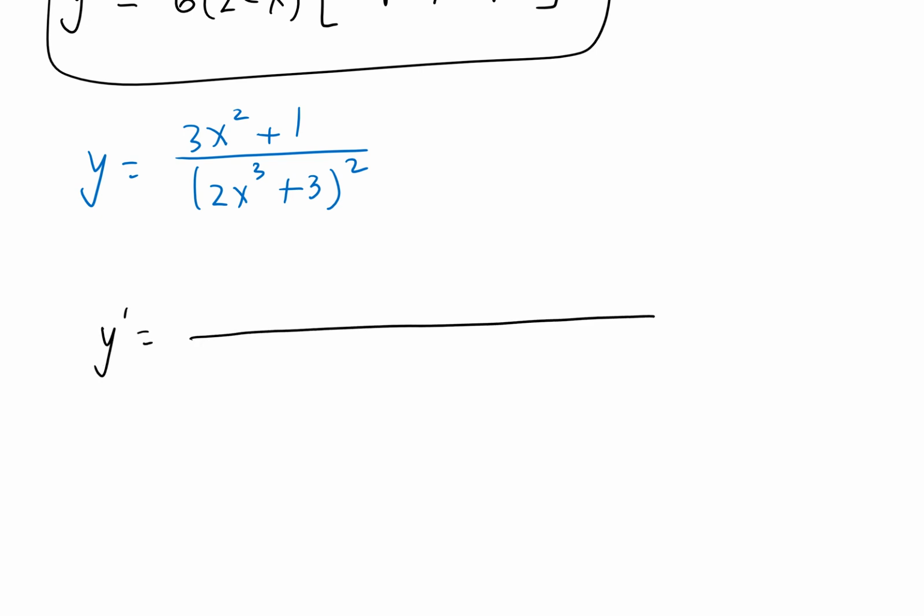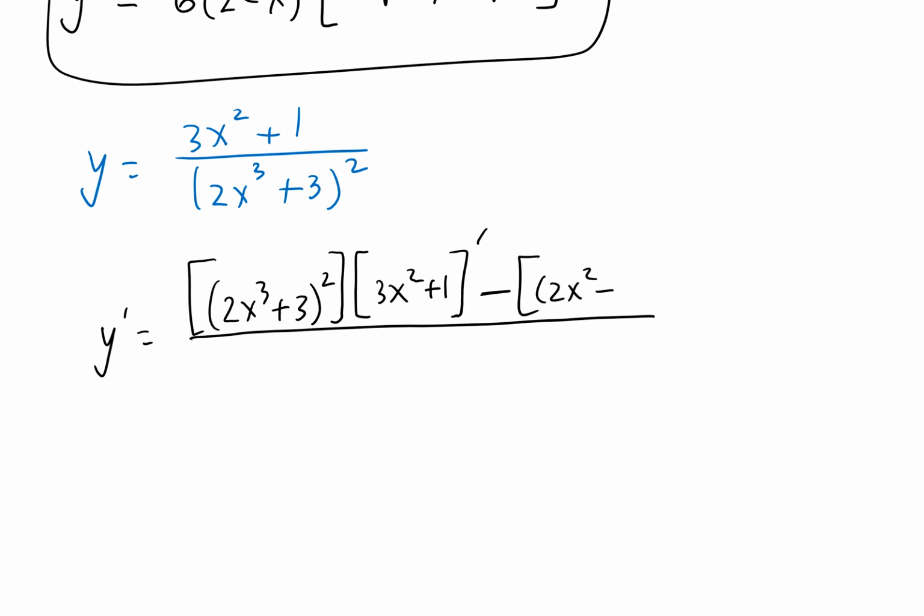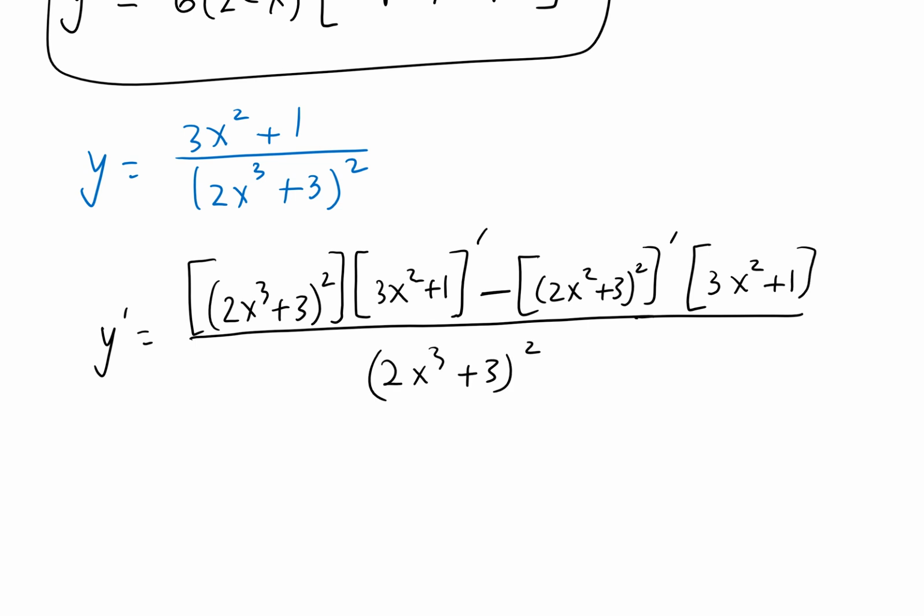The quotient rule says you take the denominator times the derivative of the numerator, minus the numerator times the derivative of the denominator, over the denominator all squared.